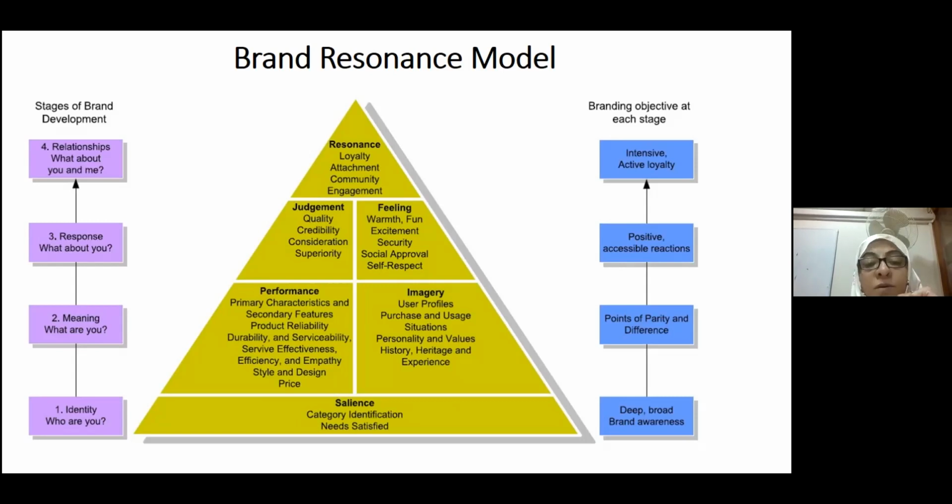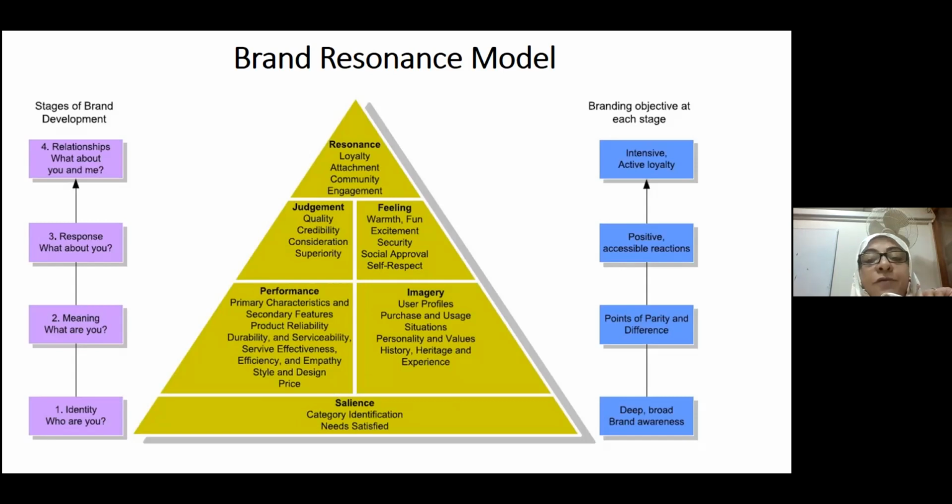Now moving on, once you have been able to establish the category within which your brand belongs, you have to define your brand positioning. By brand positioning, we mean how your brand is similar to and how it is different from the existing brands. Points of parity means what is common amongst all the brands within a product category.